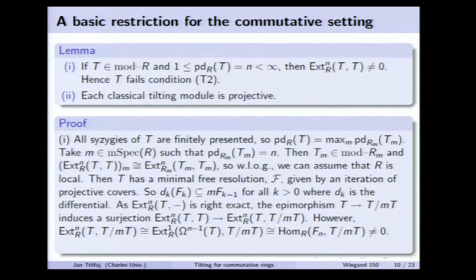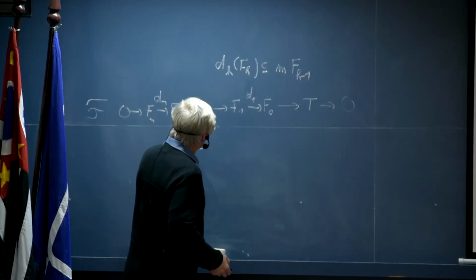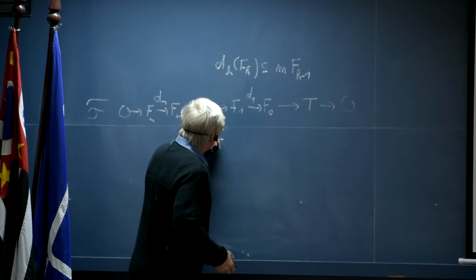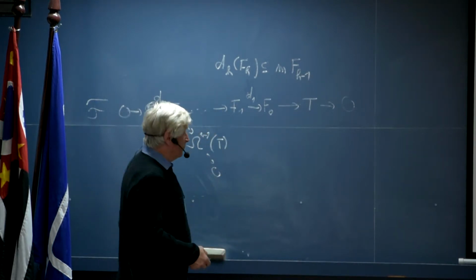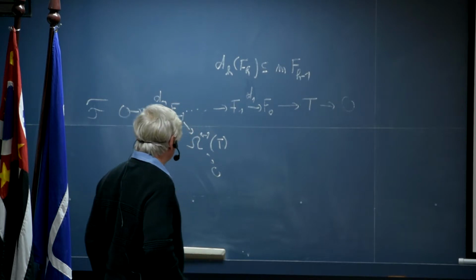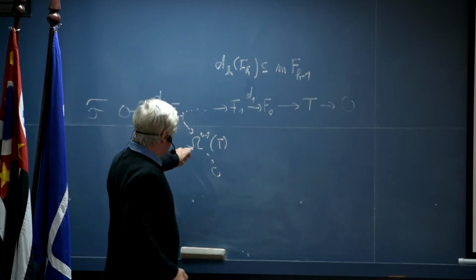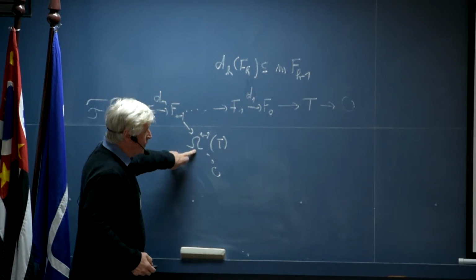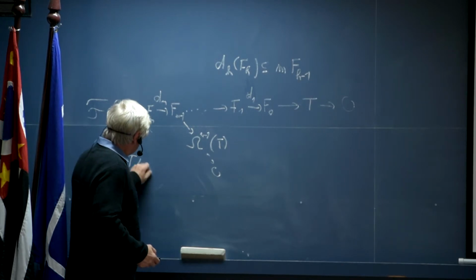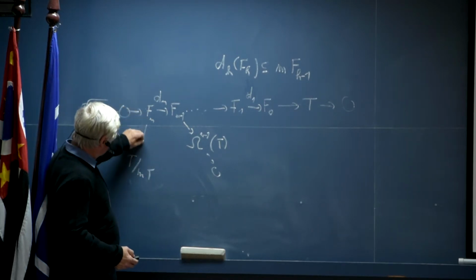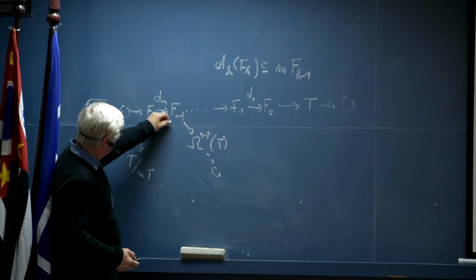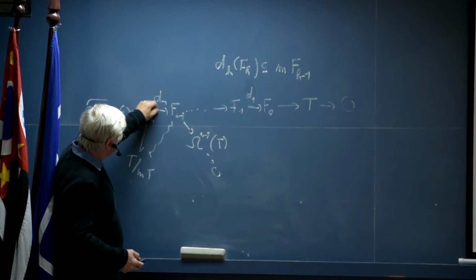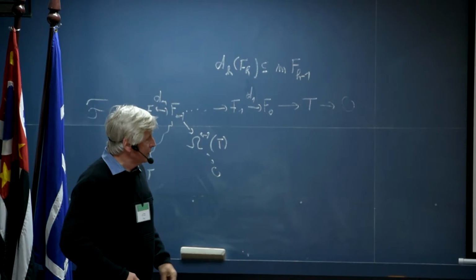This Xn Tor of these two is just the X1 Tor of the n minus 1 syzygy, which is somewhere here. But that, of course, is the X1 of that syzygy with T by mT, just computed as all homomorphisms from this to that modulo those that extend through the dn.